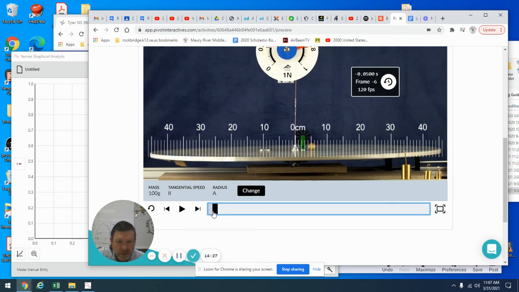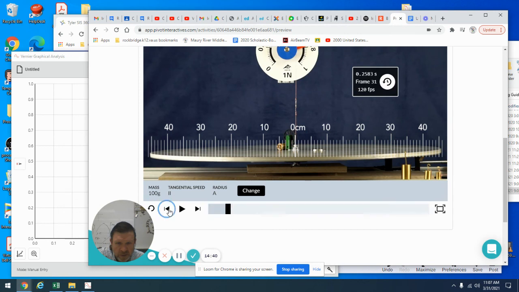So it looks like the mass is just only about 5 centimeters, right? I'm measuring like the middle of the mass there. You can look at it on the other side of the circle if you want. Also, yeah, I think that looks like 5 centimeters measured right to the middle of the mass there. And so that'd be 0.05 in your data table.